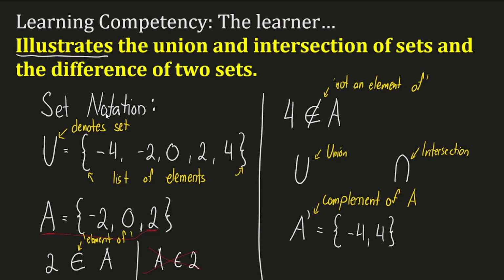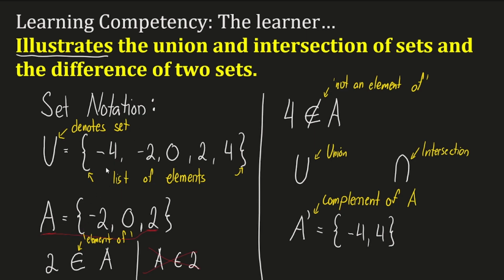So going back with our set notation, capital letters will denote a set. We're going to use curly braces to list off the elements. There are other ways to list it off, but since this is for grade 7, I am not going to talk about it. In the future video, maybe in set theory, I will talk about the more nuanced way of set notation.